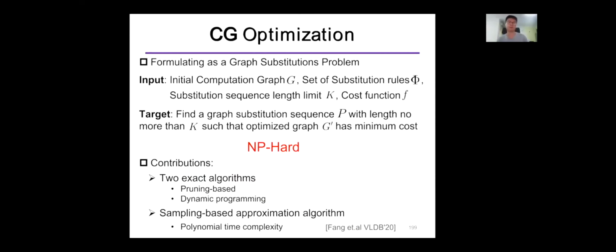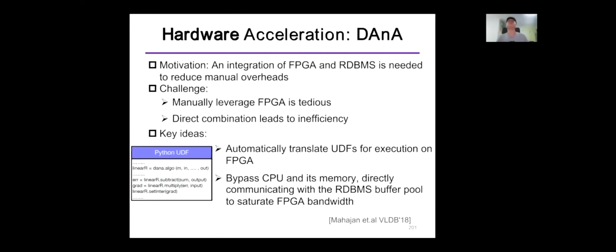The optimizing computation graph problem is to find a graph substitution sequence P with length no more than K, such that the cost is minimized. The problem is proven to be NP-hard, and an efficient heuristic method with polynomial time complexity is proposed for more practical usage.